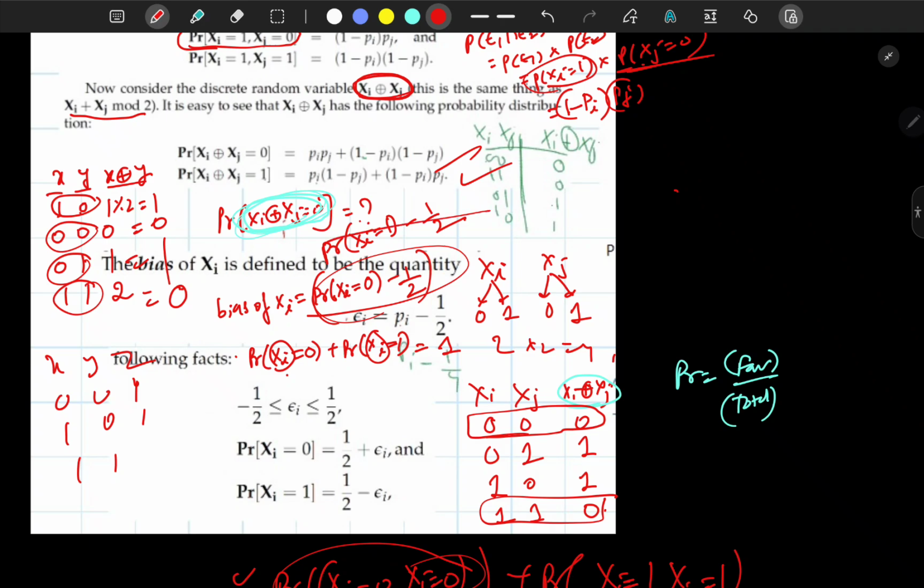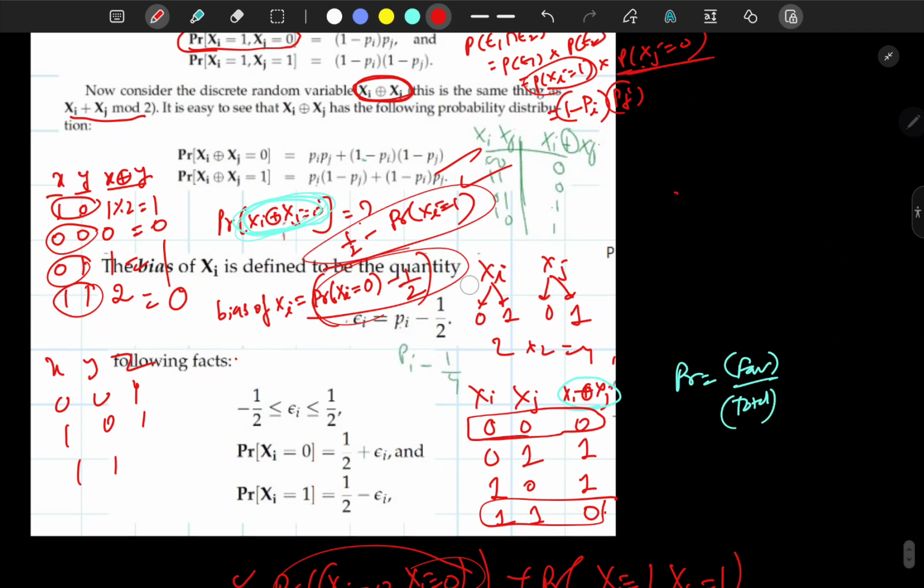Can we write it like this? The answer is no, we cannot. We can write 1 by 2 minus the probability of xi equals 1 from this one. Anyhow, leave it. So you have to remember like this: epsilon i means what?